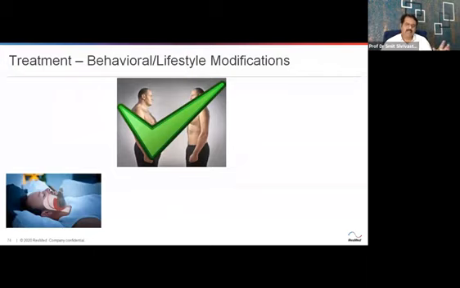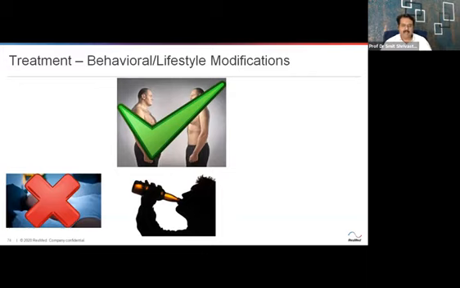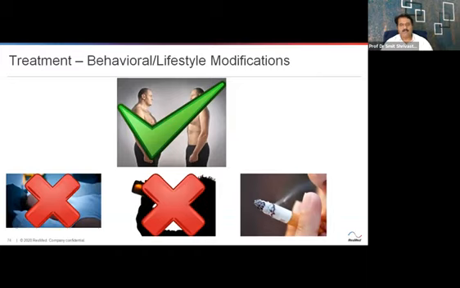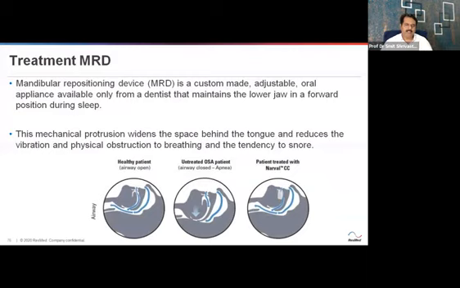Sometimes we advise the patient to put a tennis ball into his night shirt, so that whenever he lies flat and the tongue is falling, the tennis ball would pinch him, and he'll turn to a lateral decubitus position so that the tongue does not fall back. Avoiding alcohol, because alcohol results in a more lax upper respiratory tract. Avoiding smoking, because that inflames the upper respiratory tract and makes it more prone to obstruction.